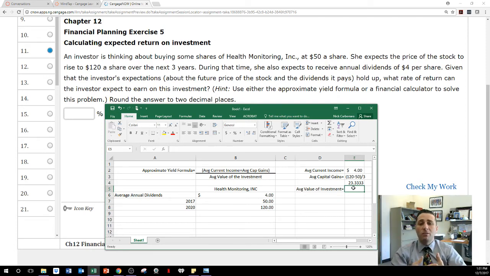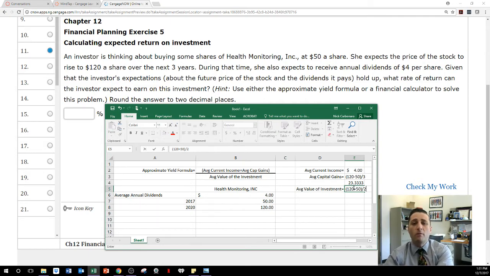And to find the average of something, you take the sum of the total, right? So this one's pretty simple. You just take the 120 plus the 50, right? The new and the old put together, and you divide that entire thing by 2, because there's 2 investments. So you're taking the ending point of one investment, or the starting point, because it's math, you could do it either way.